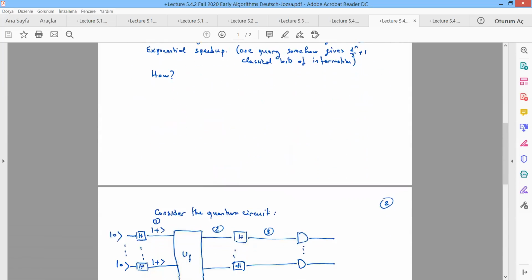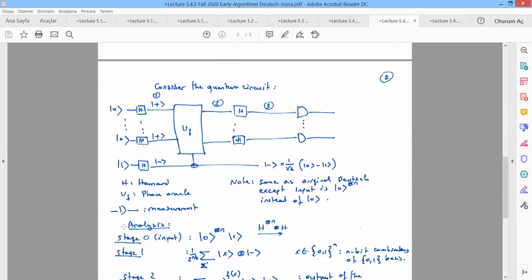And how can we do that? Now let's consider the circuit, and we claim this circuit achieves this result. So again, in the input, we have n bits of zeros, and an ancilla bit, because we want to use the phase oracle construct, we have 1. And we apply Hadamard on these n qubits 0.